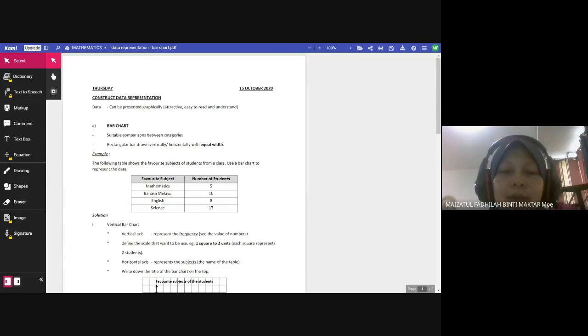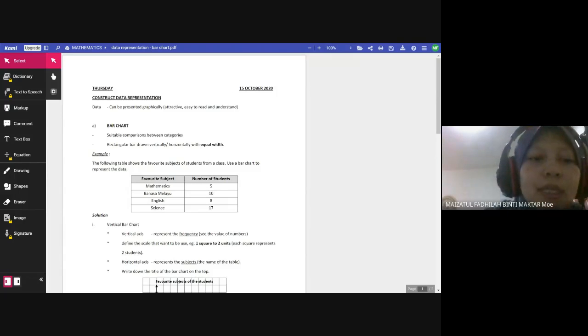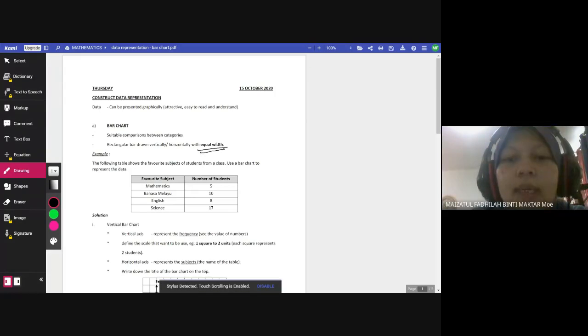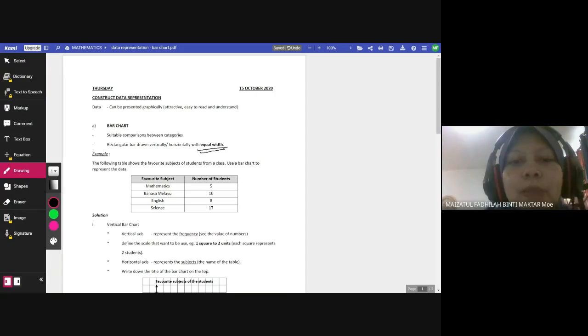It is very important that when you draw a bar chart, the bars must have equal width. Do not have different widths from one topic to another. I will explain after this.